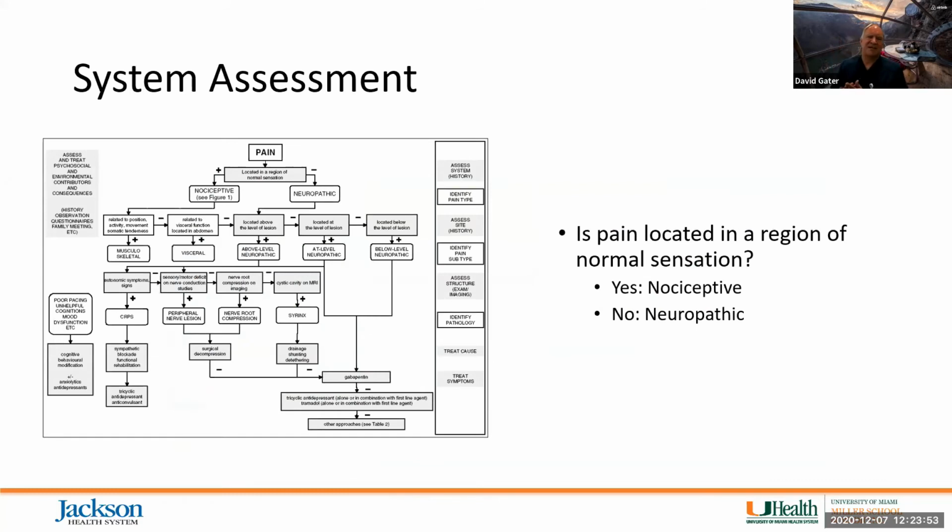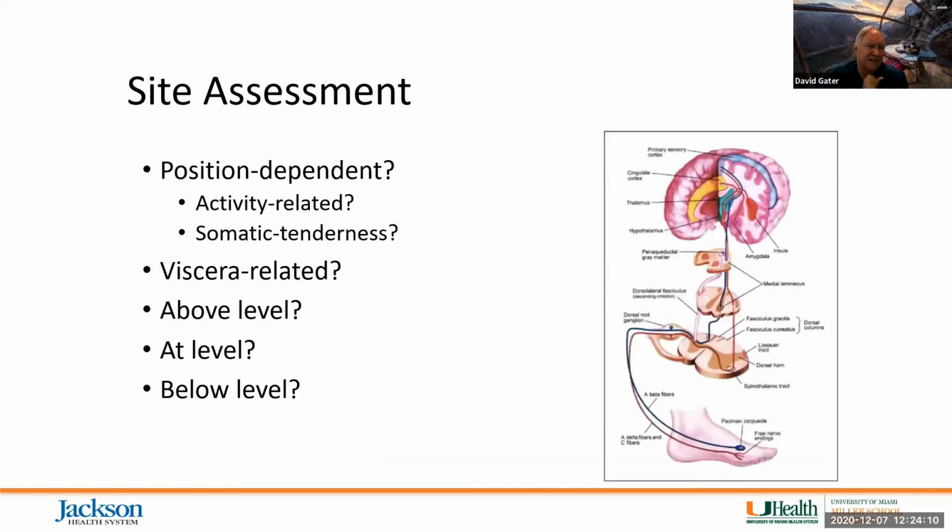So the system assessment, what does that mean? Is pain located in a region of normal sensation? If the answer is yes, then we know that that's nociceptive pain. But if it's no, then we start to move down the other pathway of neuropathic pain. We do a site assessment, and is this position dependent? Is it activity related or is it somatic tenderness?